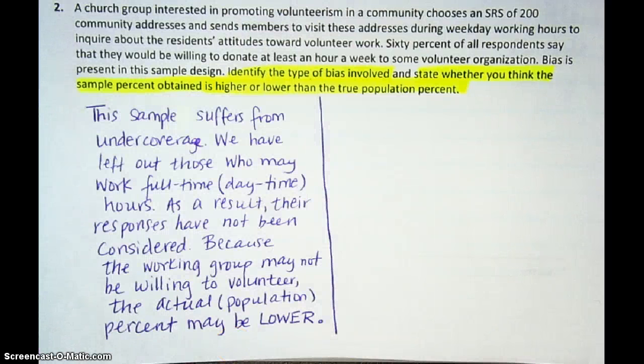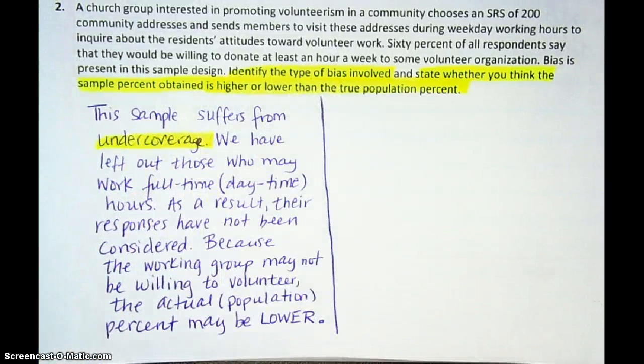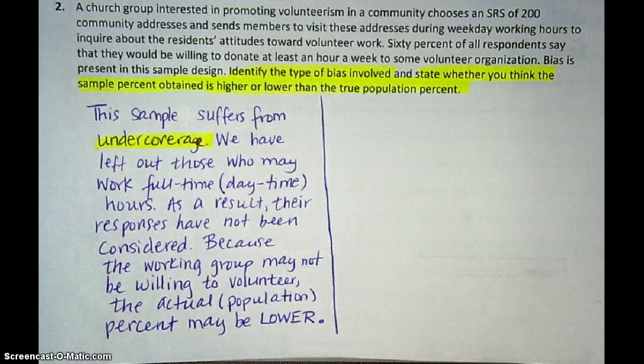Okay, so let's take a look at what you would have needed in order to answer this question completely. First of all, the type of bias. You'll see that here. The type of bias is undercoverage. Next, you want to discuss what the undercoverage is and how that's related to the sample percent that was obtained, and that rationale will help you determine whether or not the true population percent is actually higher or lower than that obtained in the sample.